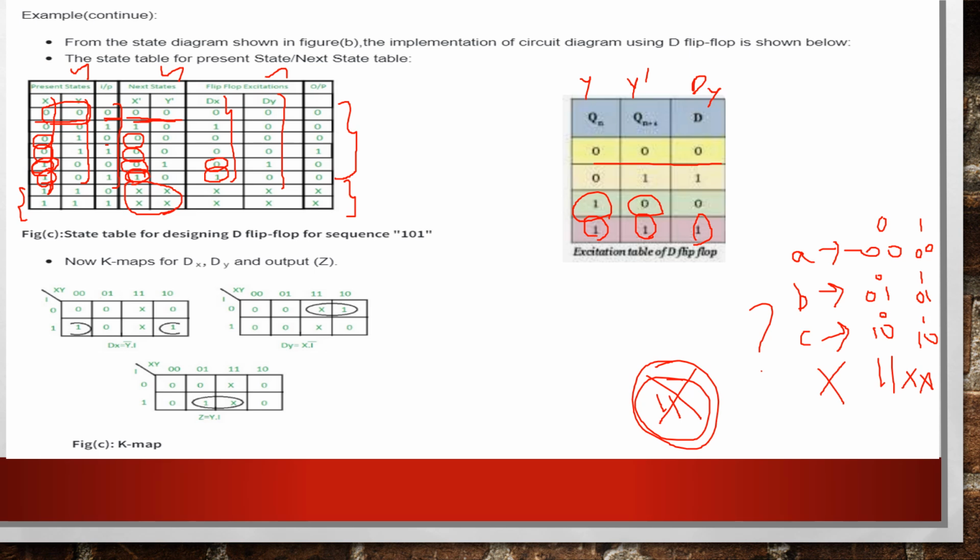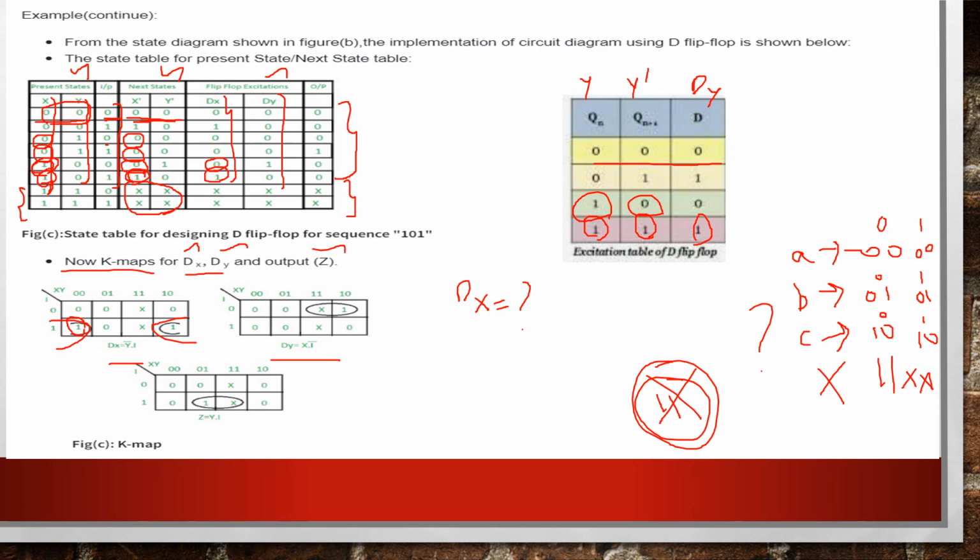And then we go for the K-map to find out the equations for dx, dy and the output Z. Dx and dy are the inputs of the flip-flops. How to do the mapping: where dx is equal to 1, which combinations. Finding that out from the table and filling in 1 and grouping it this way, we are able to get the dx value. Likewise, the dy equation is found out.